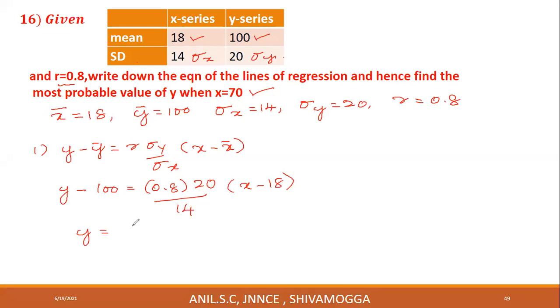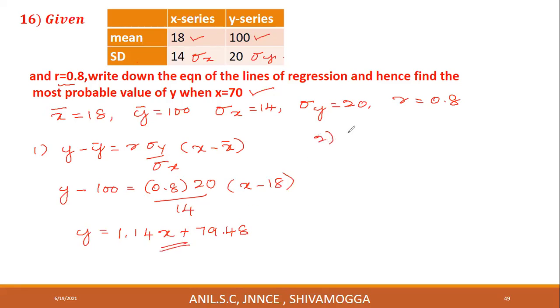Y is equal to 1.14x, right? What is the constant? 79.48. Right, this is correct.